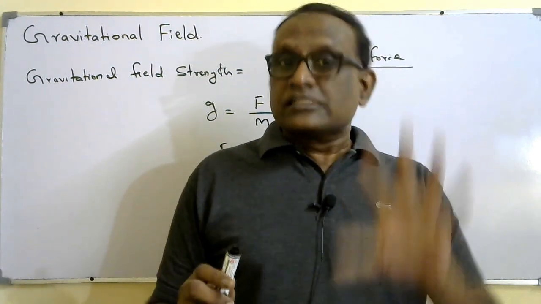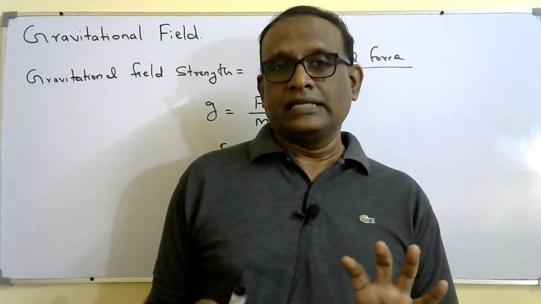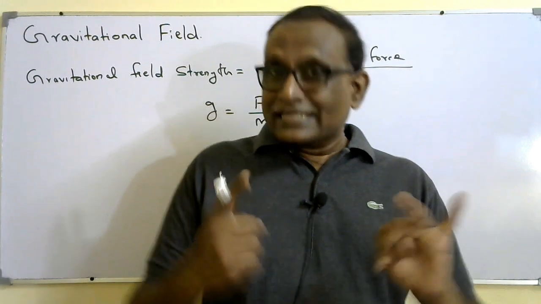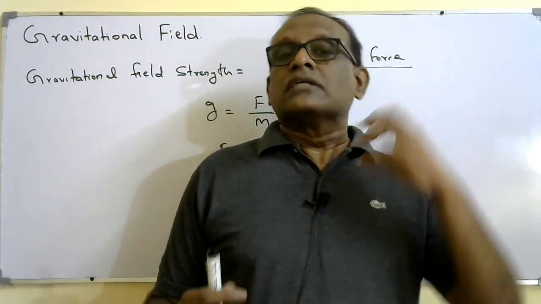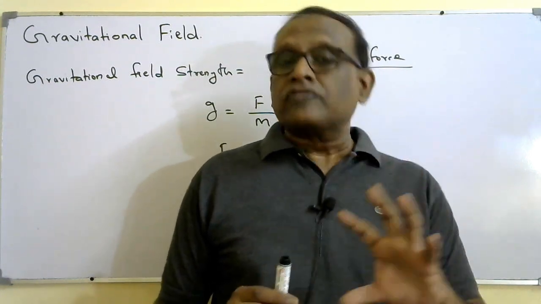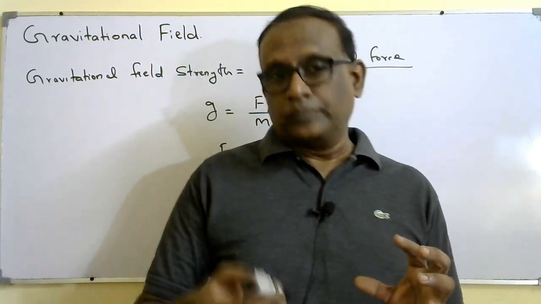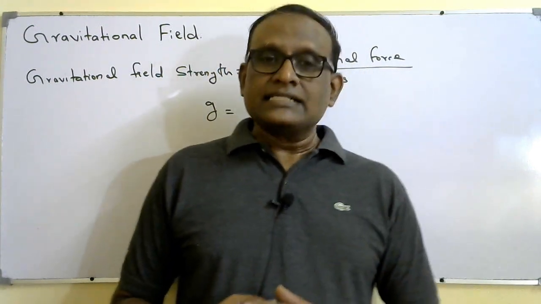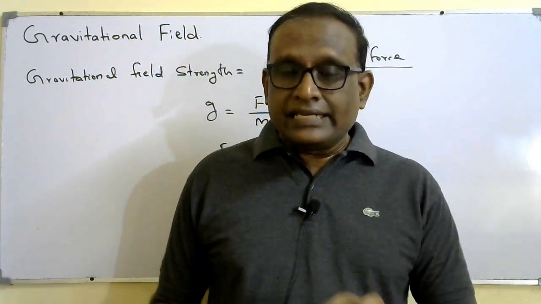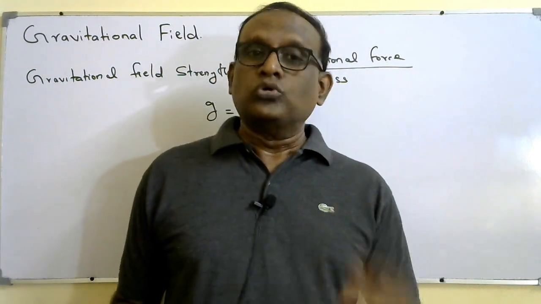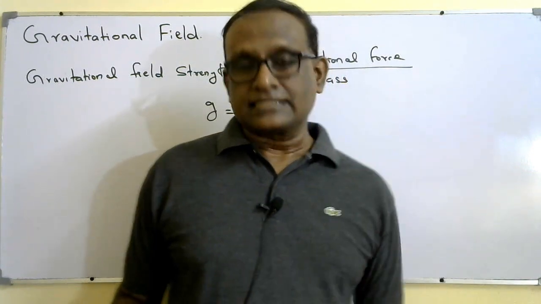But one of the objects must be massive, something like a planet or moon or star or a galaxy, because to exert a significant gravitational force, one of the objects should be massive, the other one could be lighter, no problem. So there we normally consider the gravitational field or gravitational field strength created by a planet or moon or star or a galaxy.